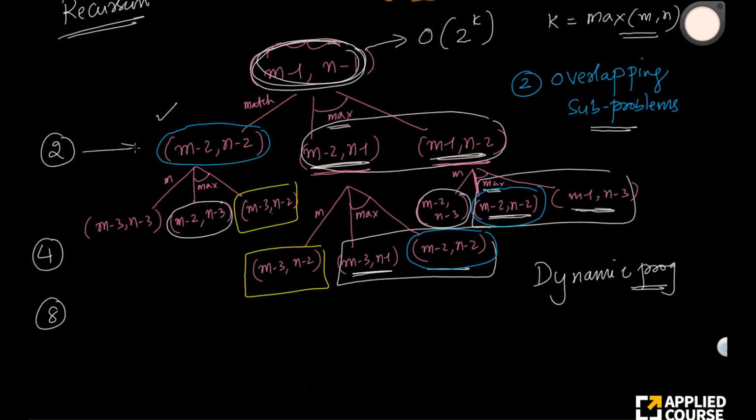How many problems do I have here? 2 problems. Here? 4 problems. The next time I'll have 8 problems, and so on and so forth. 2 power h problems, right?